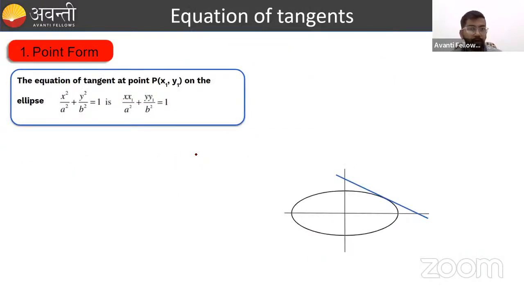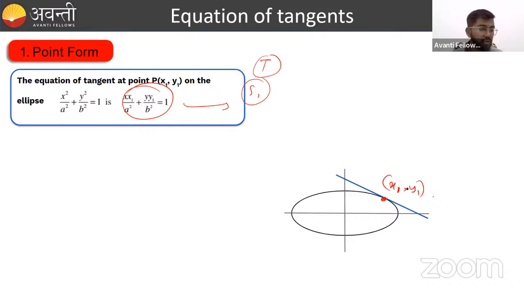Now, point form. So you all remember this notation, right? S1, T, and all those things we studied in the previous chapter. So the equation of tangent at point x1 comma y1. This is the point x1 comma y1, which is shown over here.